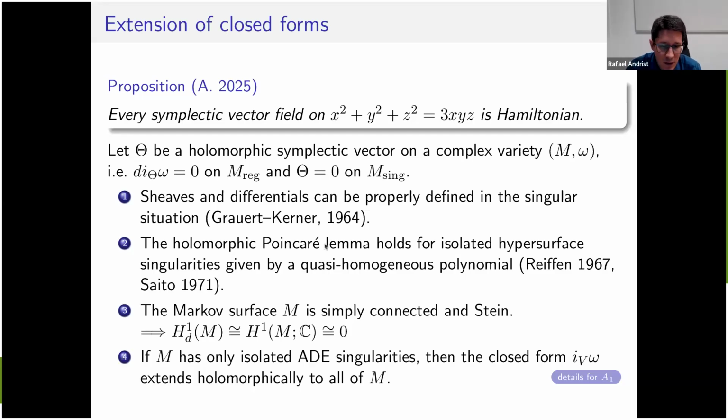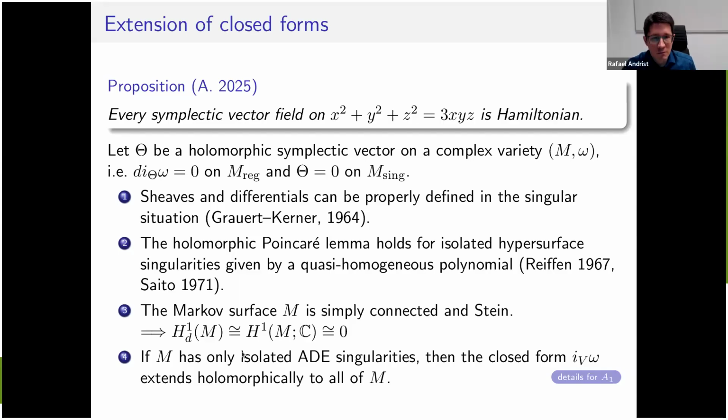And it turns out if you have only very nice singularities, the so-called ADE singularities, then if the form is closed, it will actually extend. So the form is closed on the regular part. If that's true, then the form without the d is actually defined also on the singular part.